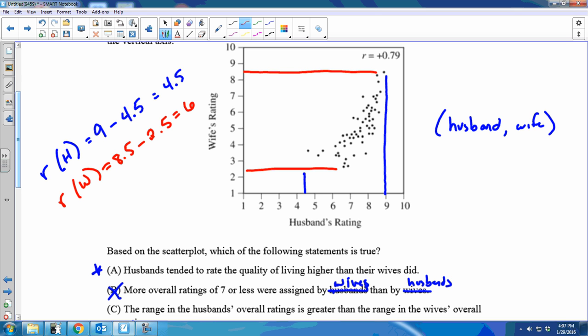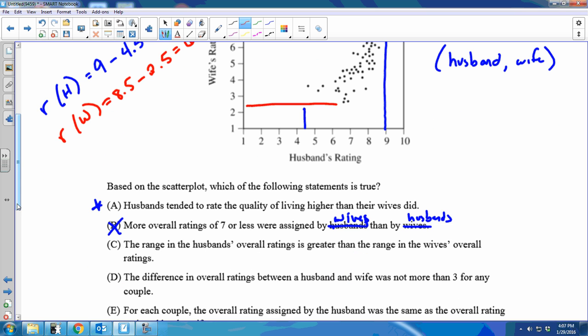So the range in the husband's overall ratings is greater than the range in the wife's overall ratings. That is not true. Again, these are backwards. The range in the wives is greater than the husband's. It's all about wording. Be careful.